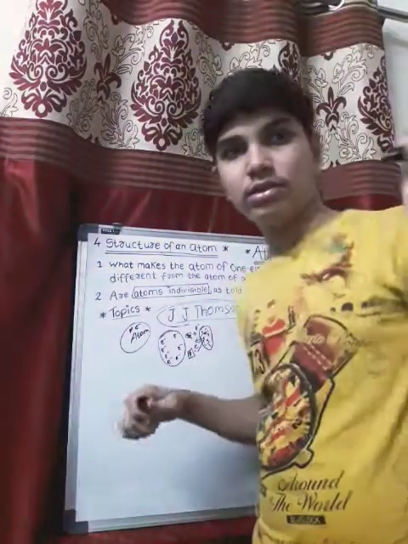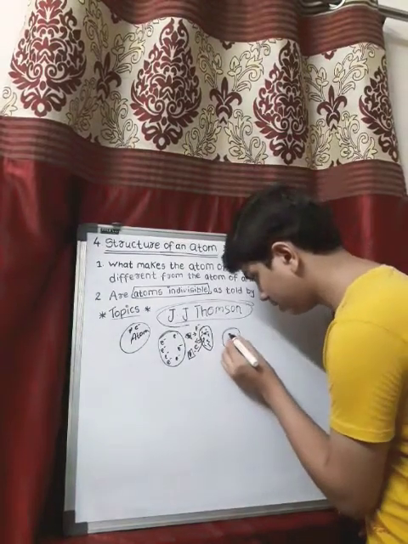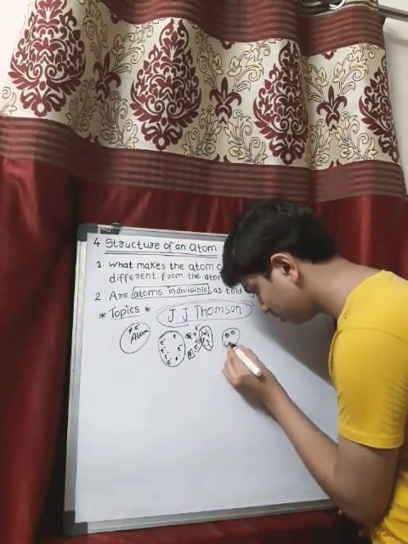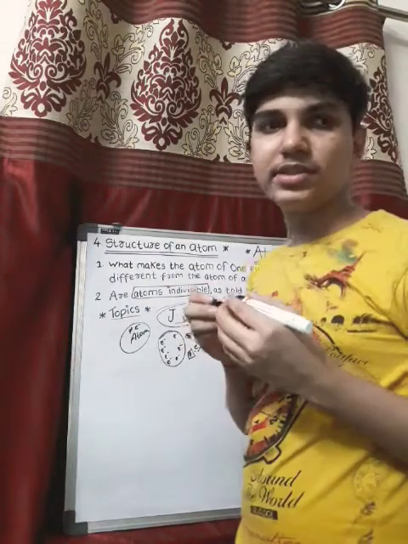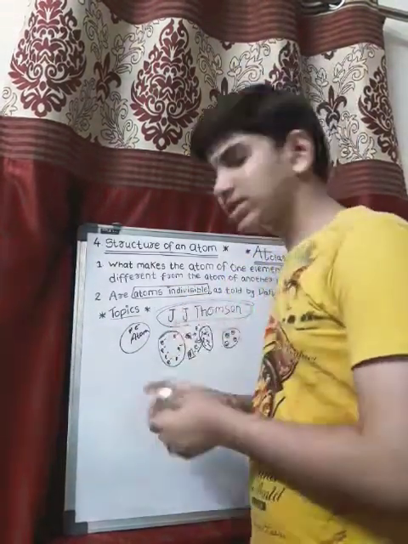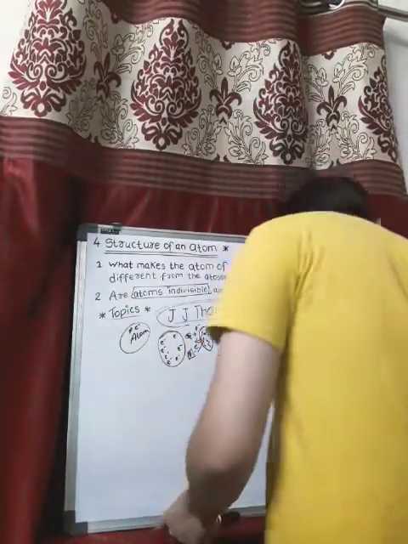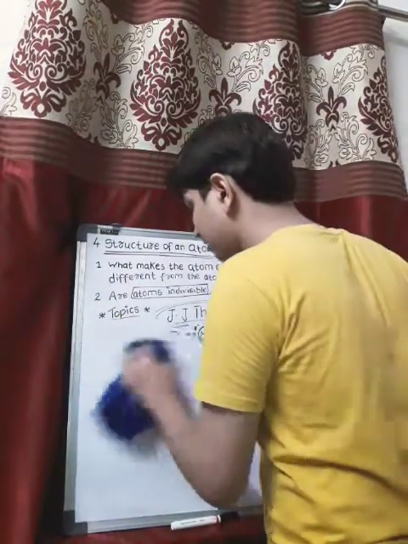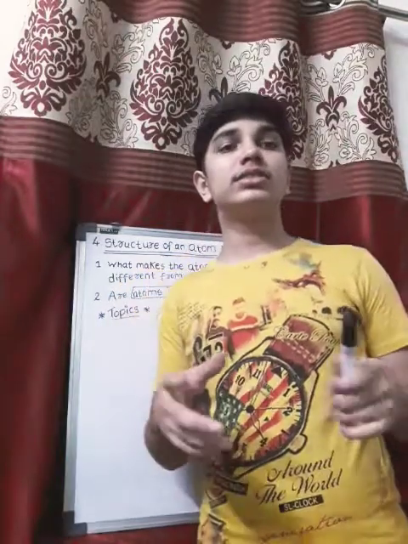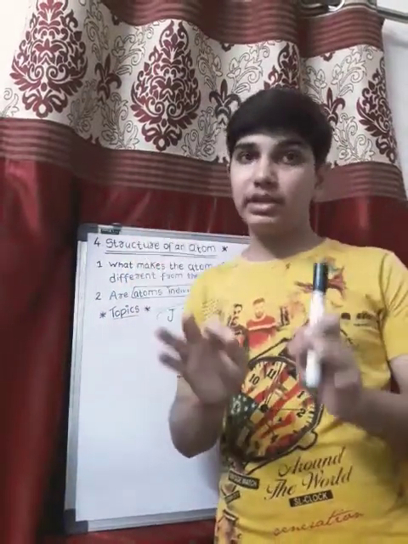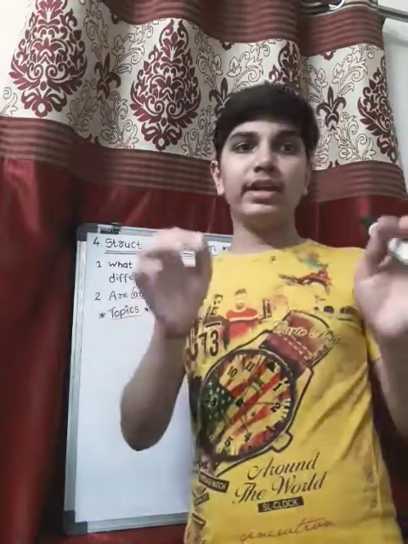Actually it was his diagram. I will show you how it looks. It looks like this: minus, minus, minus, minus, all electrons, in a positive sphere, like that. Same thing what I told you, right? Now what he proposed from the experiment he had done is that an atom consists of a positively charged sphere and the electrons are embedded in it.